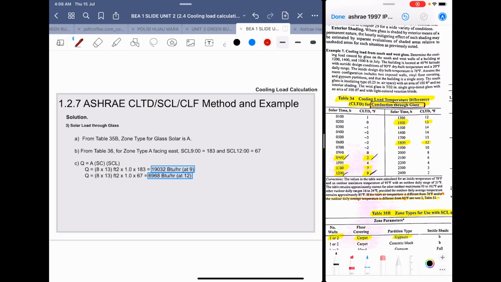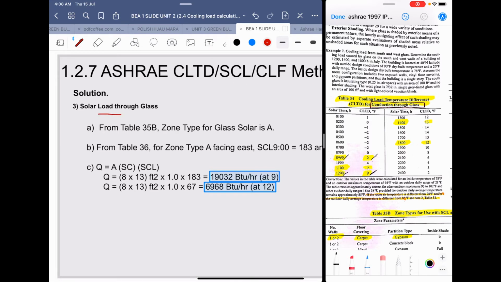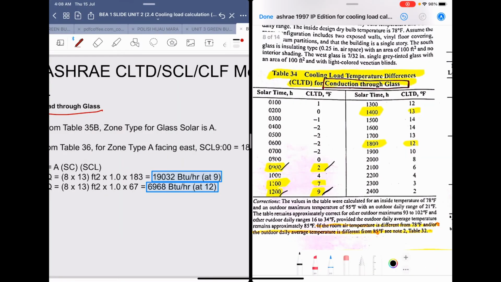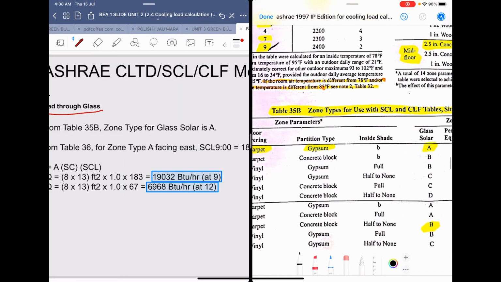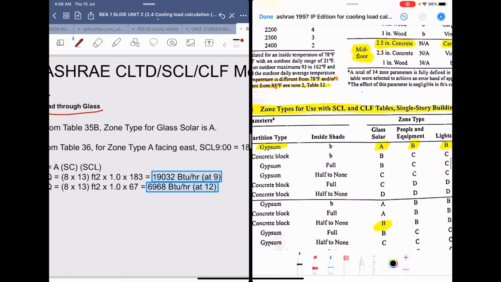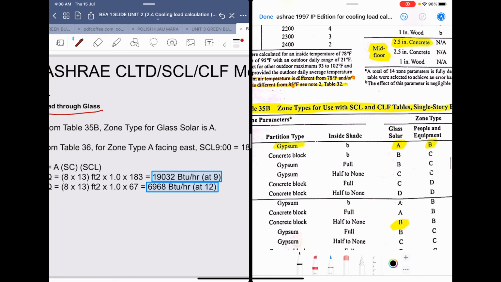There is heat. So we have to get this solar load through glass. Okay, solar load through glass. And how to get that? We refer to table 35B of ASHRAE 1997, the zone type for use with SCL and CLF tables. So we want to do the solar cooling load.